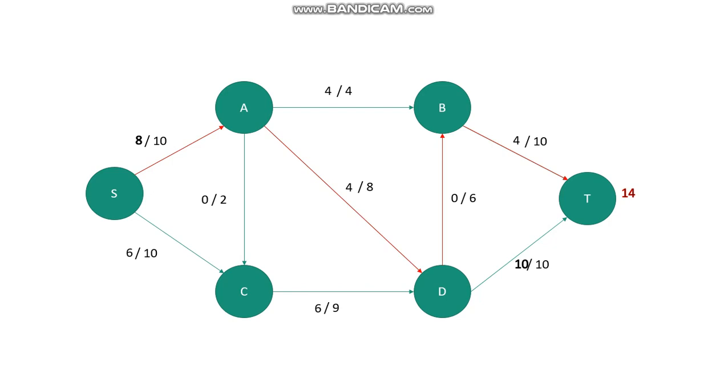In this case, edge S to A provides the bottleneck capacity with a value of 2. We update our flow. Again, let's search for a path and augment our flow.